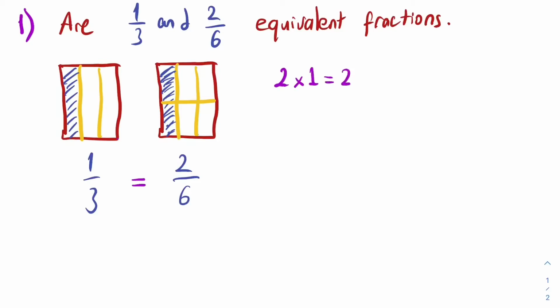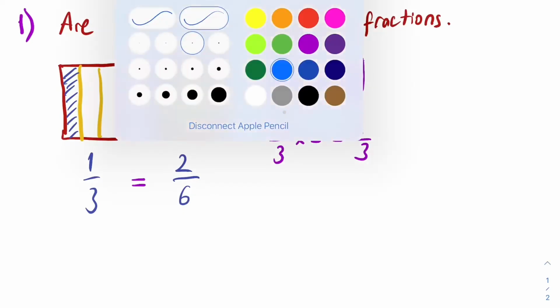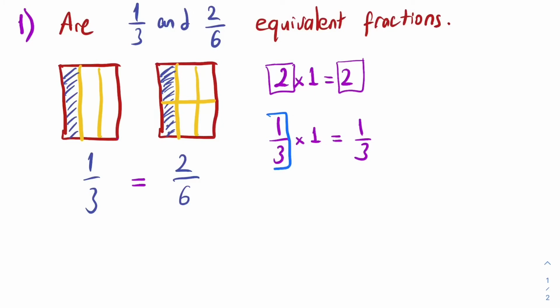Now I'm going to tell you 2 times 1 equals 2 because 1 will not change the result. 2 equals 2, as you see. And 1/3 times 1 also equals 1/3. Then 1 didn't change the number. 1/3 equals 1/3.